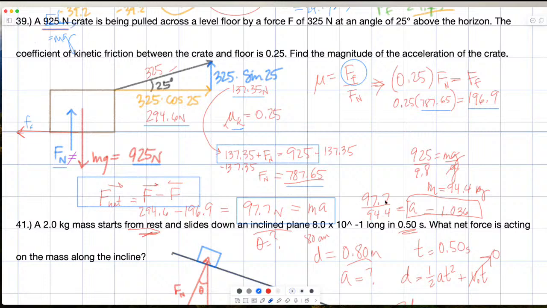So we took that and divided by 9.8, which is g. Dividing both sides by g, m is 94.4. So 97.7, the net force, equals m times a. Divide both sides by m, 94.4, and a is 1.036.